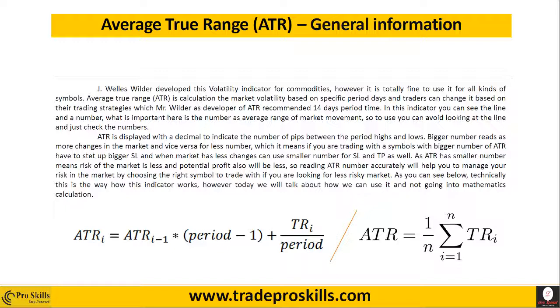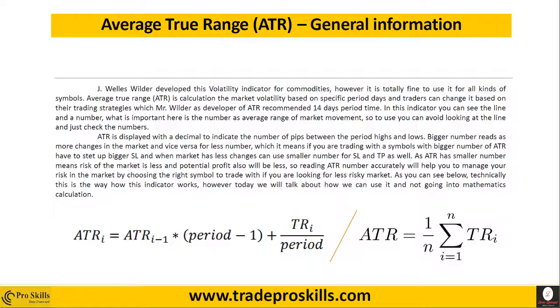ATR calculation is based on a specific period of days, and traders can change it based on their trading strategies. Mr. Wilder, as developer of this index, recommends 14 days, which I also prefer to use, and it's the most common period that you can use for ATR.